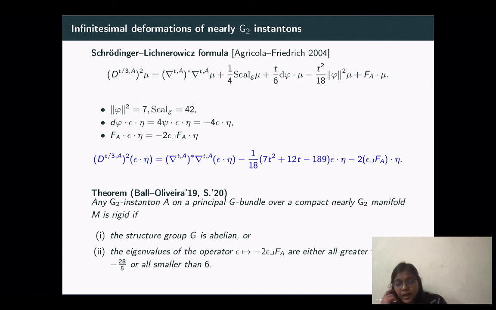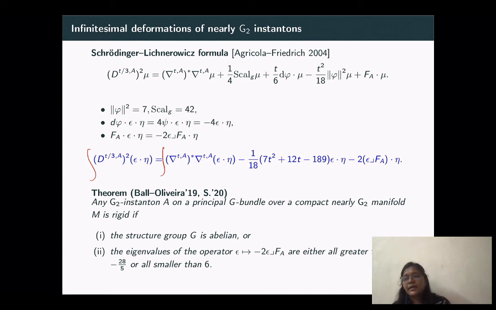So basically we can prove that if the structure group G of the principal bundle P is abelian, then our G2 instanton must be rigid. In case the manifold M is compact, what one can do is just integrate both sides, and then we use the fact that G is abelian.